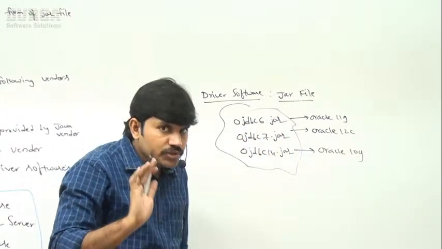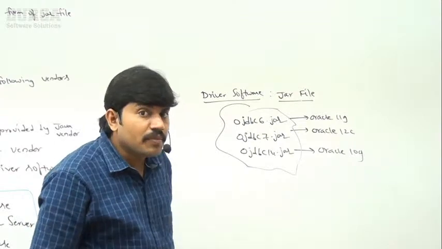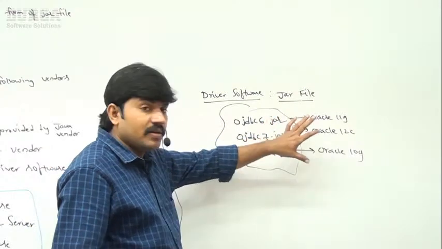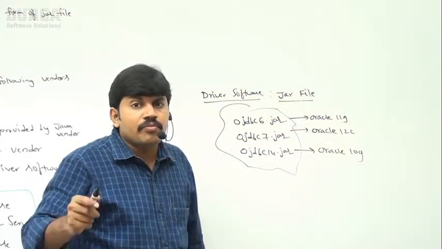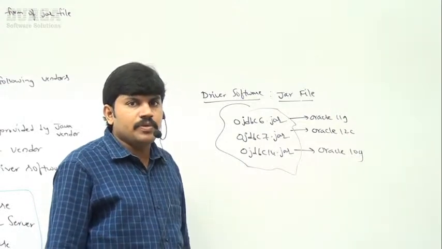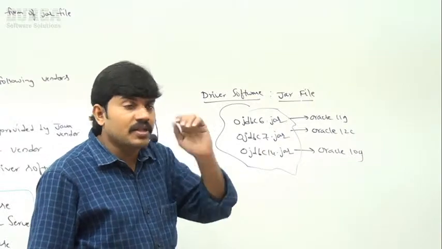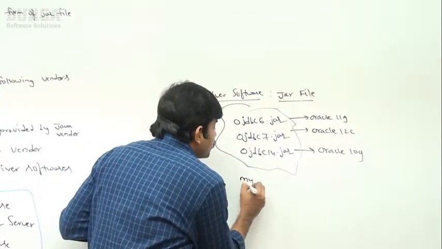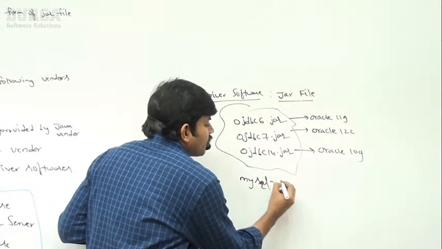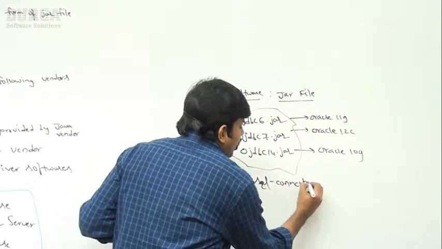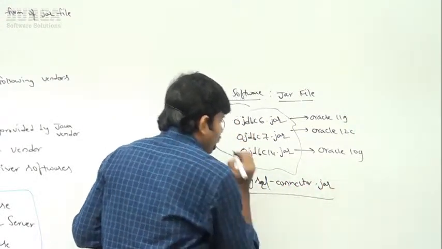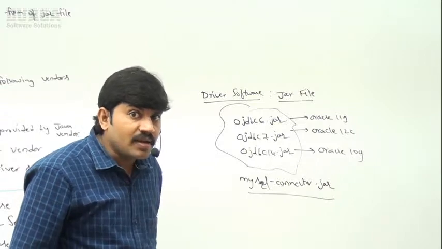So usually driver software is available in the form of one jar file. Remember. Sir, I want to communicate with a MySQL database. Hey, can you please provide a driver for the MySQL database? If I ask MySQL people, then they will provide the MySQL connector dot jar file.